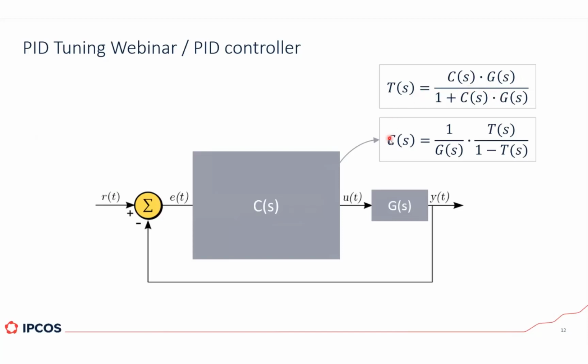If we rearrange the terms here, we can see that the controller C will be the inverse of the plant, 1 divided by G, multiplied by what we can call a performance function, right? And this is important for us to understand that the controller is based on the plant. So we cannot just guess these parameters here, but they are related to the plant. And that's why we need a model of the plant to find in the end a good tuning for our loop. Okay.